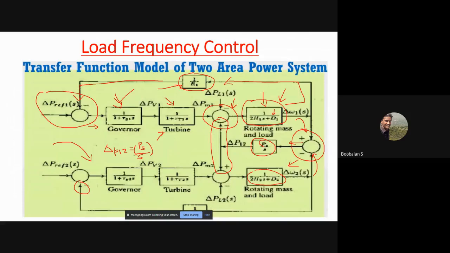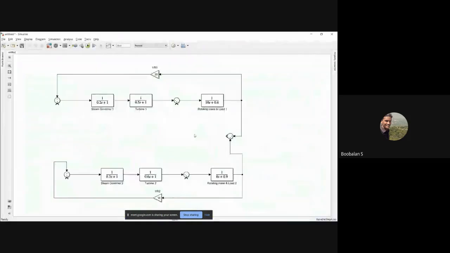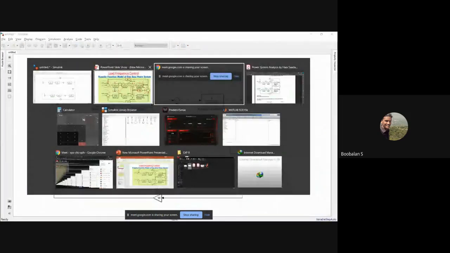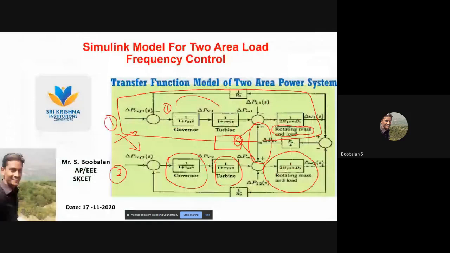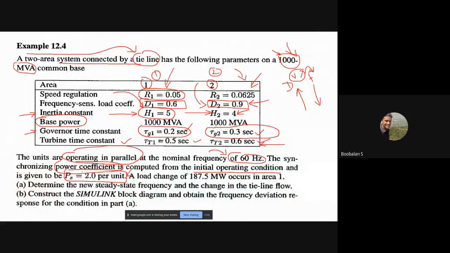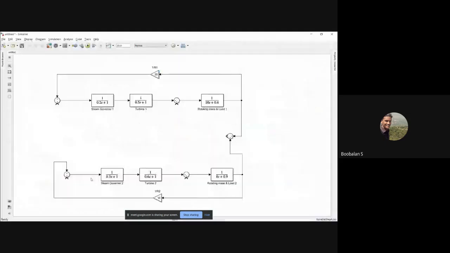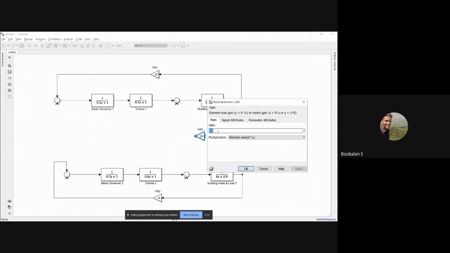So Ps divided by s, that is 1 by s, is the integrator, multiplied with my Ps. The Ps value is given in our problem: it is the synchronization coefficient, and for both area systems it is given as 2.0. That's a small constant gain value, so I'm going to bring out a constant gain and replace it with 2.0, that is Ps.